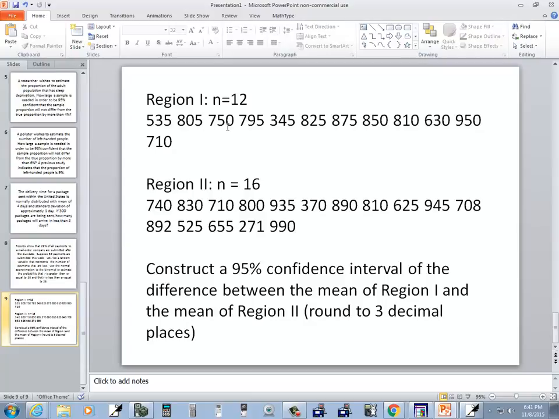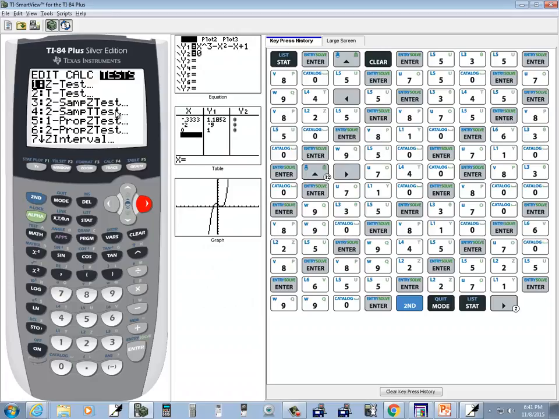In this one, sigma 1 and sigma 2 are not given. So that means we can't use the Z, but we've got to instead use T. As you come down here, there's 2 samp Z test, 2 samp T test, and then 2 prop Z test.